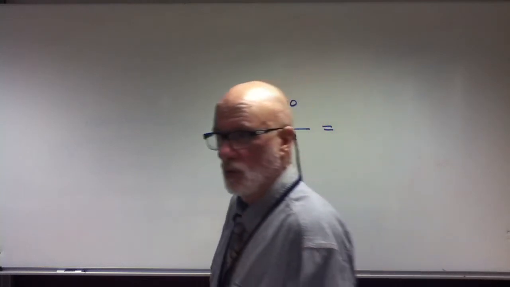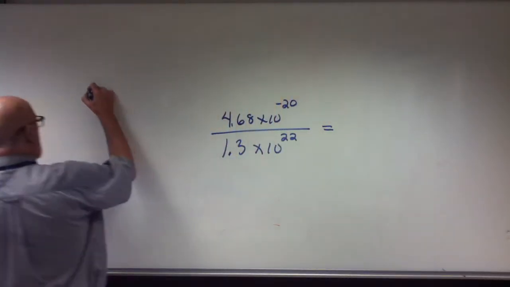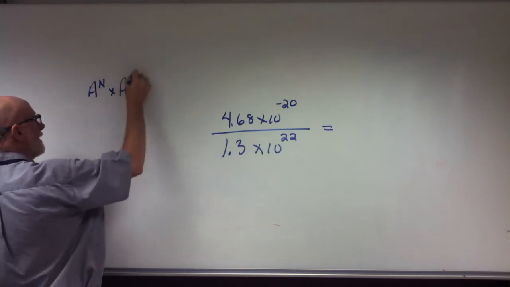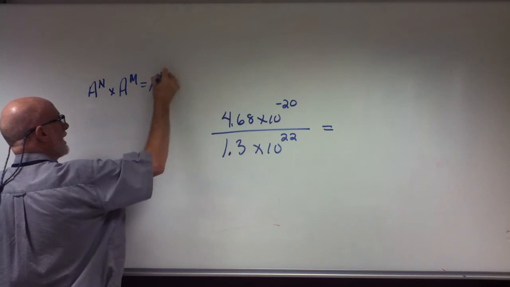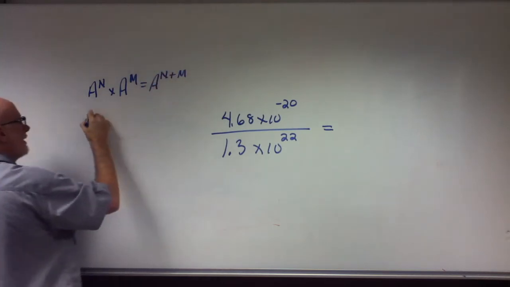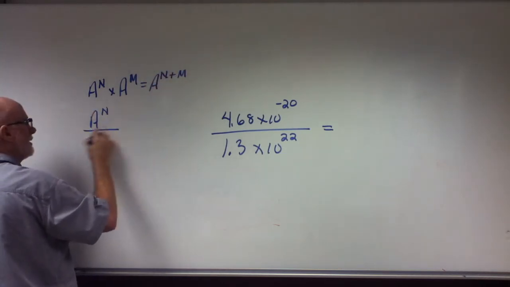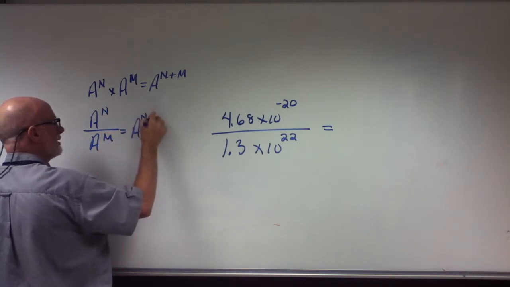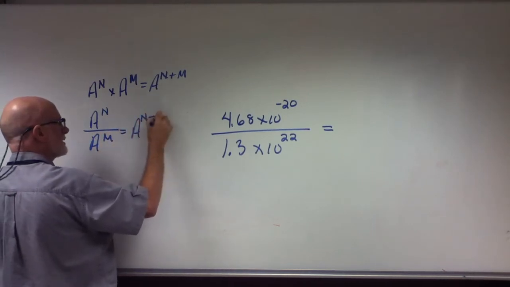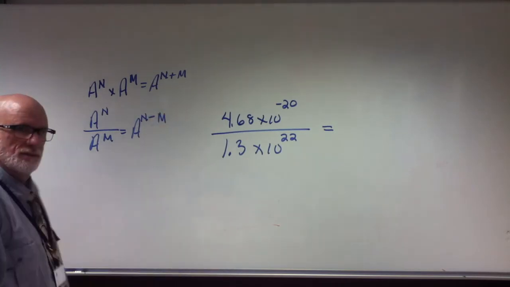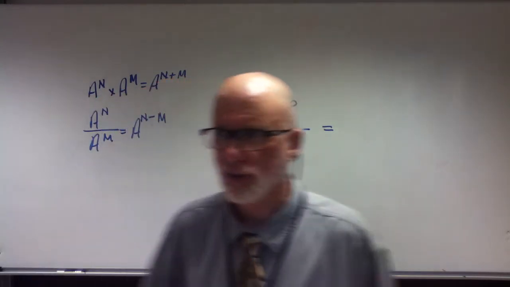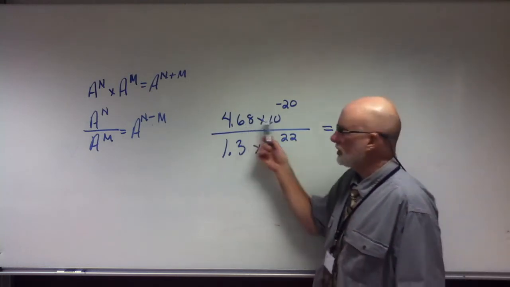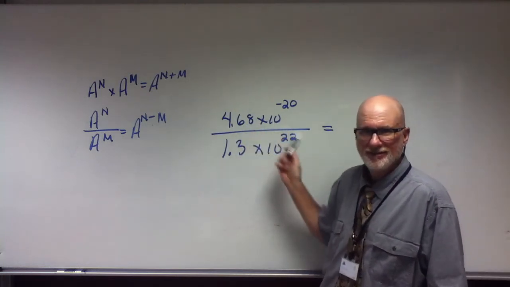I'll give you a hint. A to the n times a to the m equals a to the n plus m. A to the n divided by a to the m equals a to the n minus m. That's basically what I used when I did it. So see, you can do this in terms of factors.